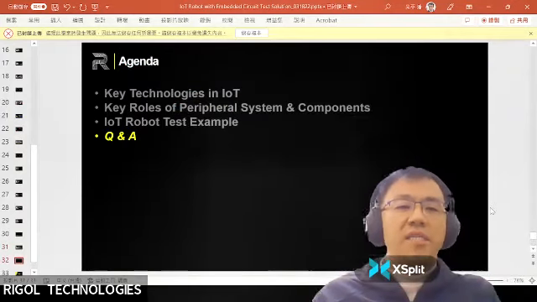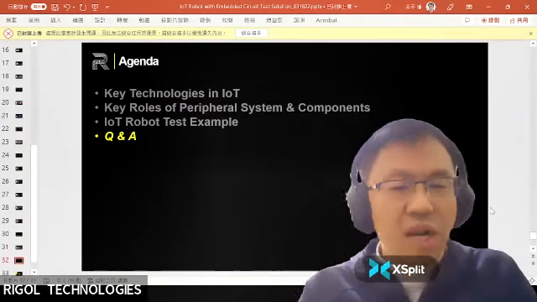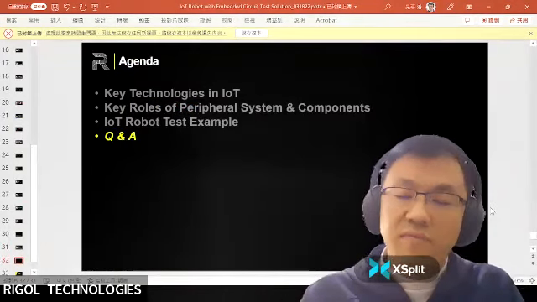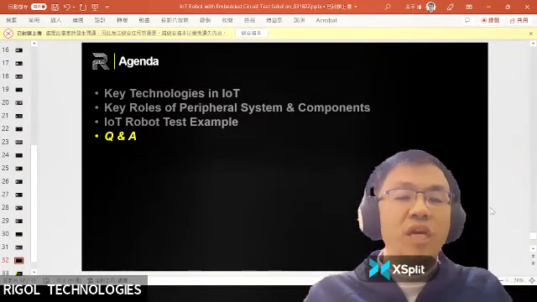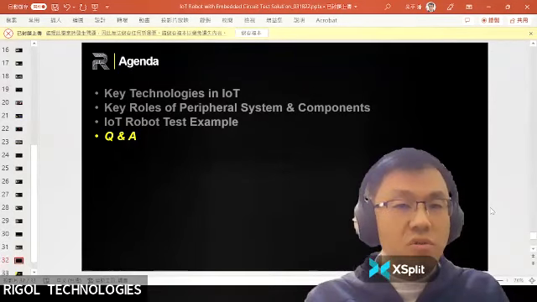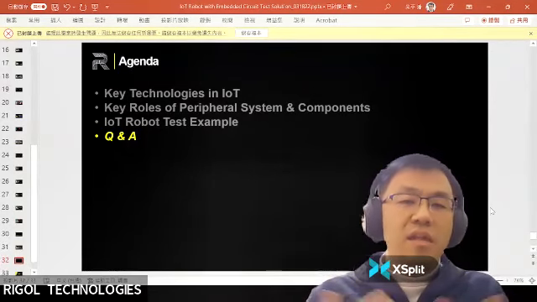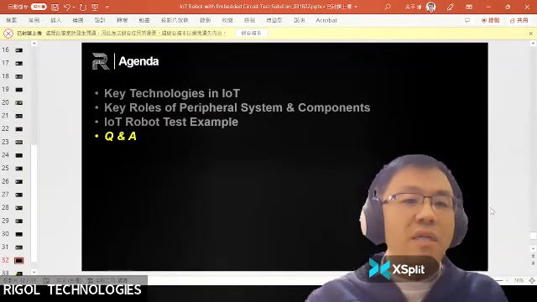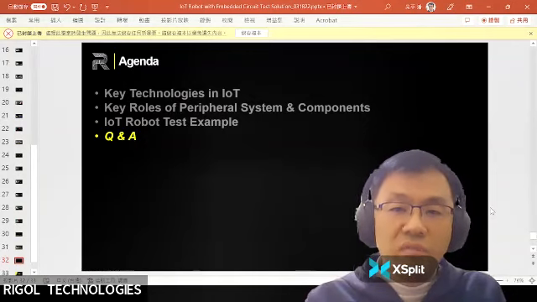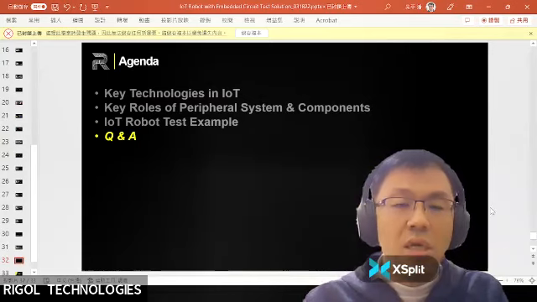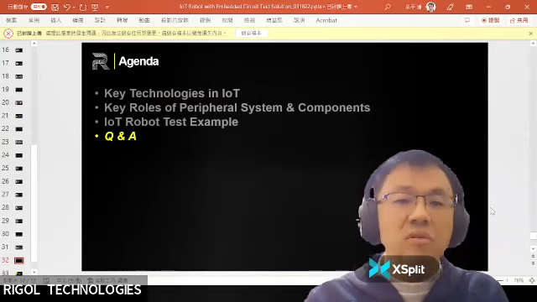So that is the slide presentation. It is a very simple slide presentation. We included an introduction to the Internet of Things concept and the key roles of the peripheral system and the components surrounded by the IoT.